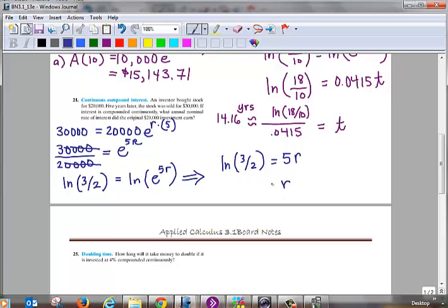And now I can simply divide both sides by 5. So I have natural log 3 over 2 divided by 5. And this is going to give me looks like 0.0811. So this is roughly 8.11%.